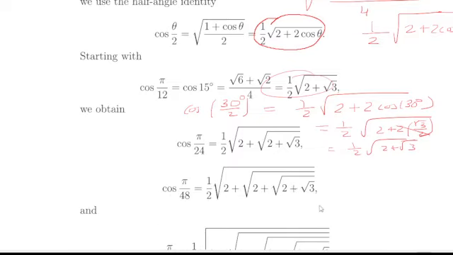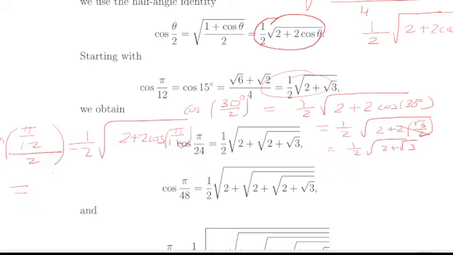And then we just continue this with cosine pi over 24. We know that this is cosine of pi over 12 over 2, which is 1/2 square root of 2 plus 2 cosine pi over 12. And then recall that cosine pi over 12, we said, is 1/2 square root of 2 plus square root of 3.